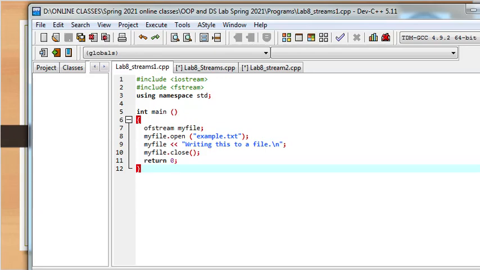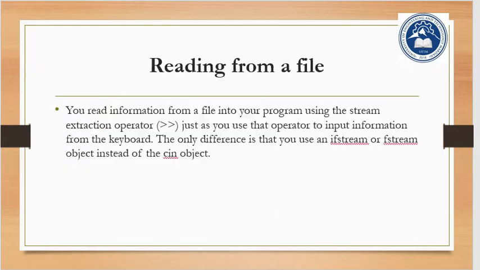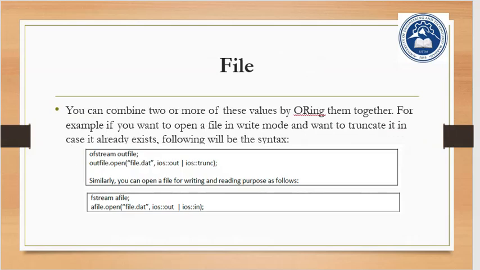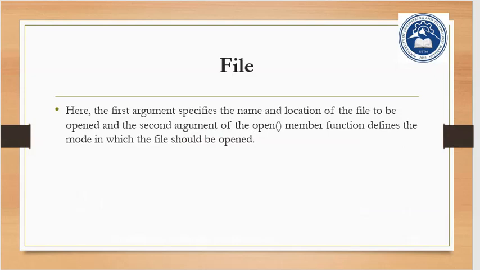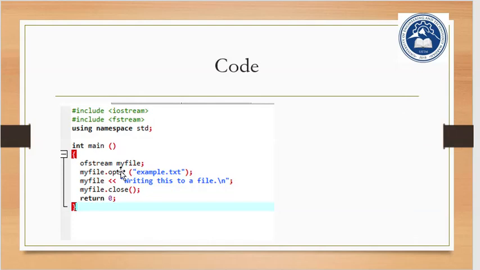These are just for output and input, or reading and writing. I'll show you in the table. This is ofstream, create files. The ofstream is used for output file stream and is used to create files and to write information to the file. So basically this is for writing anything in the file.